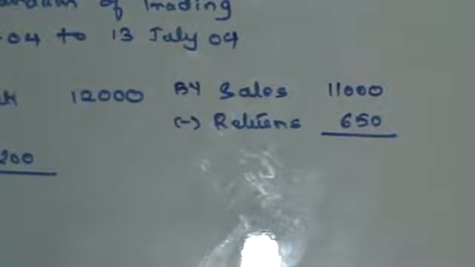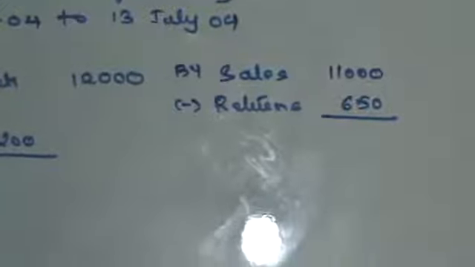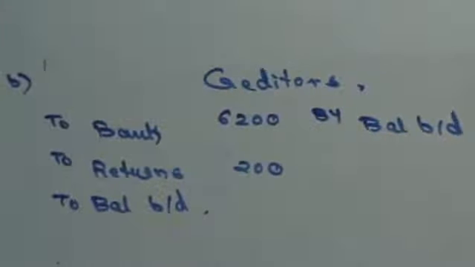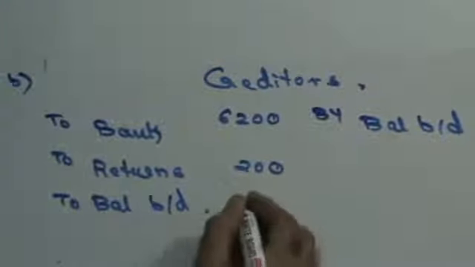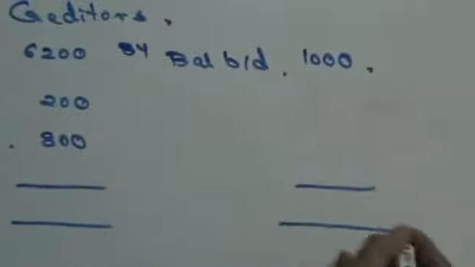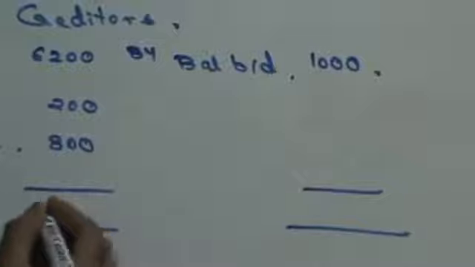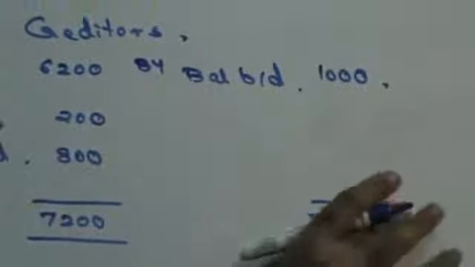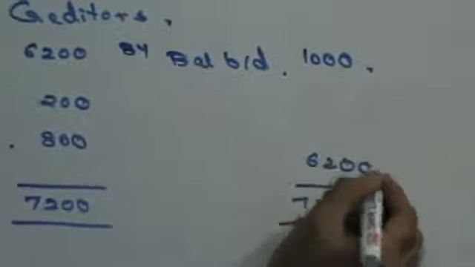Next, unpaid creditors on 13th July. The closing balance of my creditors on the debit side of creditors account. Closing balance of my creditors is 800 rupees. Tally your creditors account. This is going to be 7,200. The difference is 6,200.